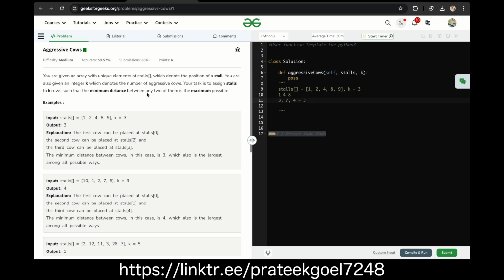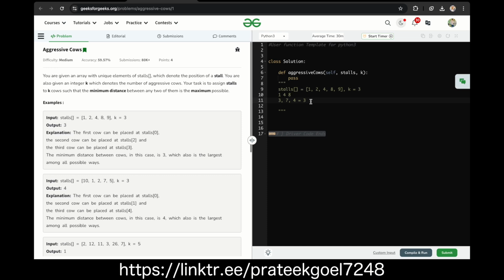And the question says that the minimum distance between any two of them should be the maximum possible. So this is the minimum one, which is 3, but we have to try to maximize it.